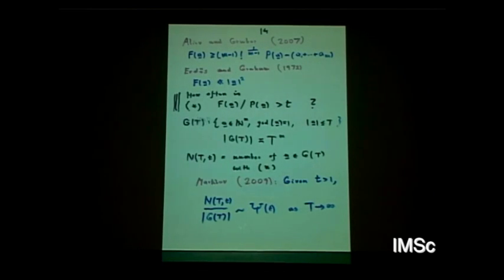And Marklof in a difficult paper showed that given a little t at least one, then as capital T goes to infinity, this quotient has a limit that's called capital Psi of t. All right? He didn't say what the limit was at this point.